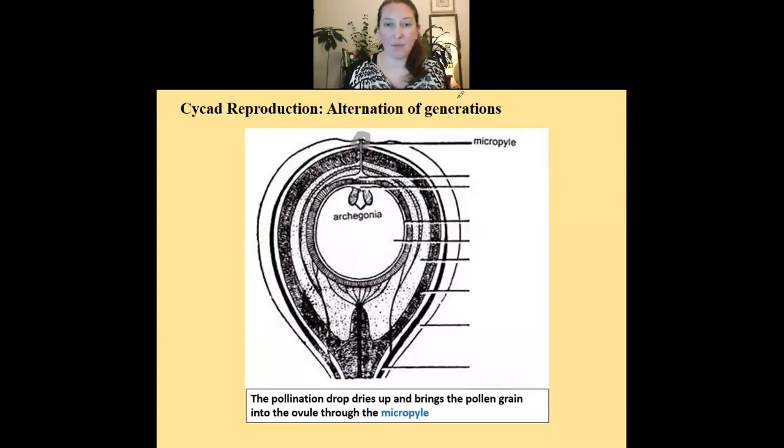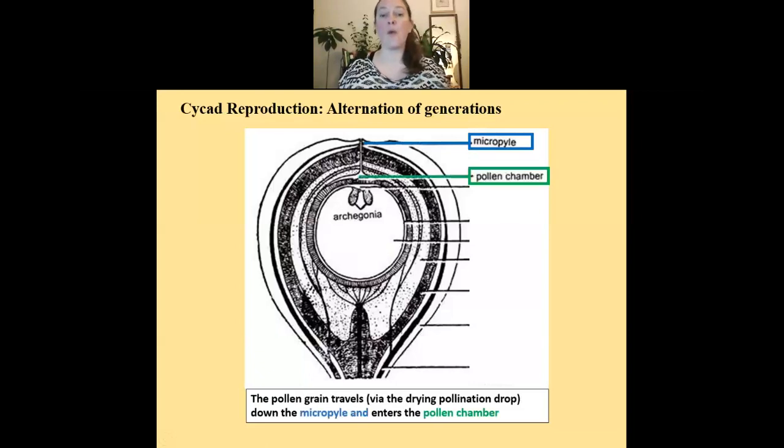And as I just said, the pollination drop will dry up and bring the pollen grains into the ovule through this micropyle, through this hole. When the pollen grain, via that pollination drop that's drying up and going back into the ovule, comes down the micropyle, the first place that the pollen grain enters is this place called the pollen chamber.